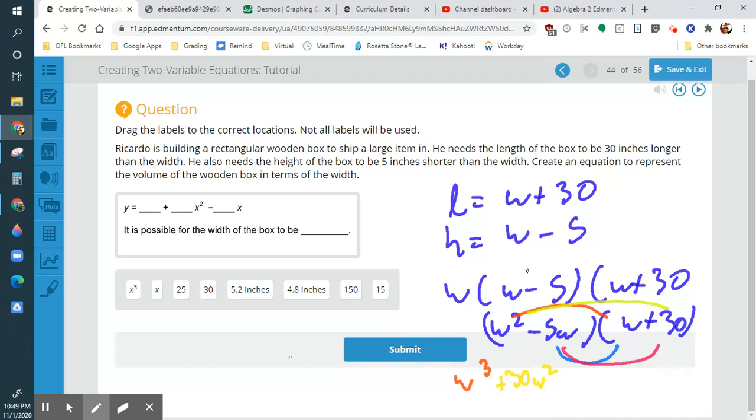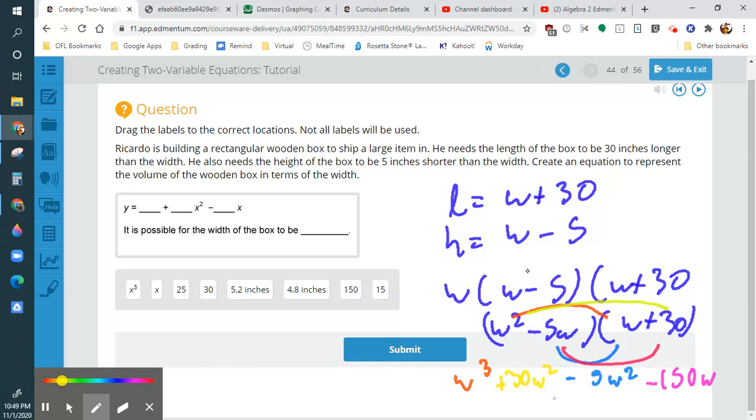Inner, a little bluish, is negative 5w squared. And last, I'm going to make it more pink to make it different. Negative 150w.